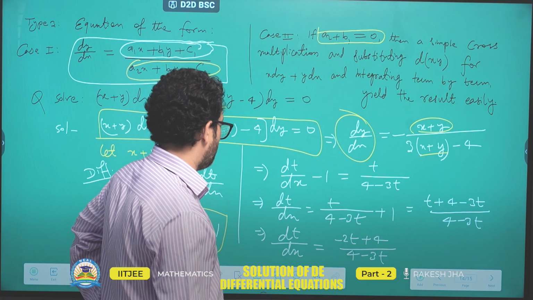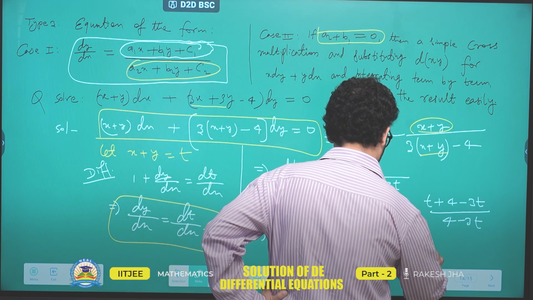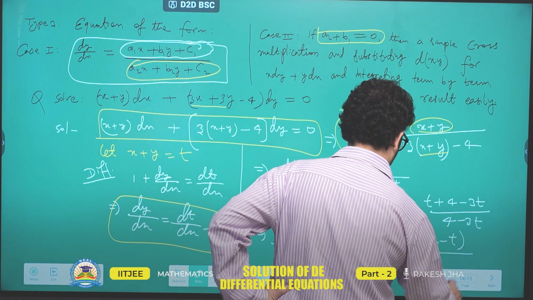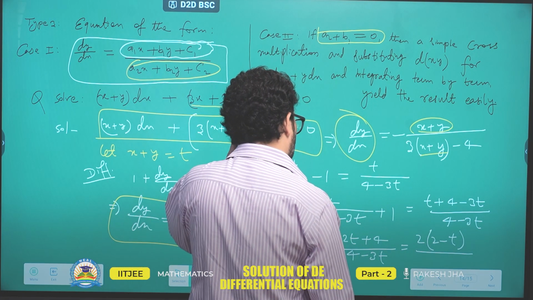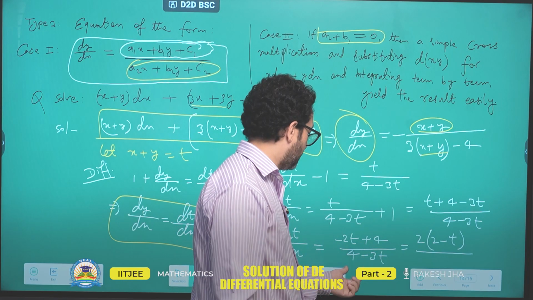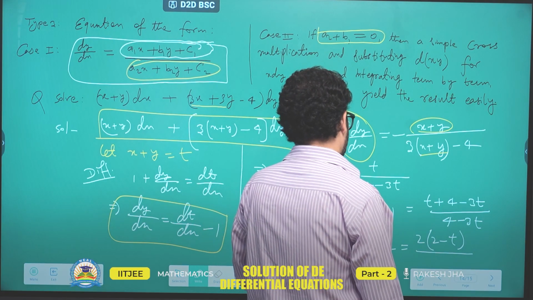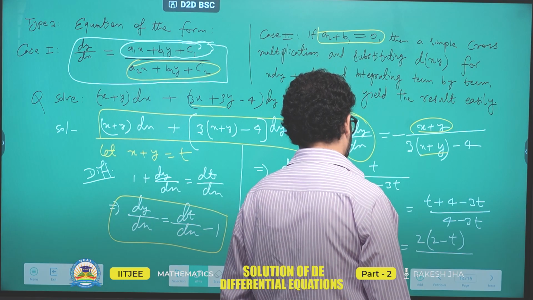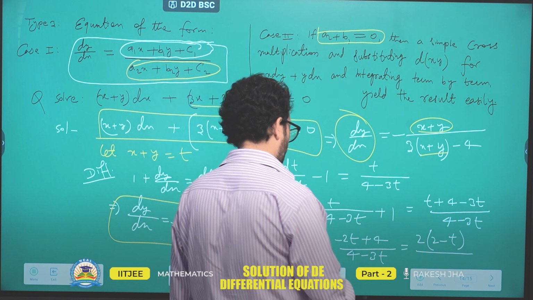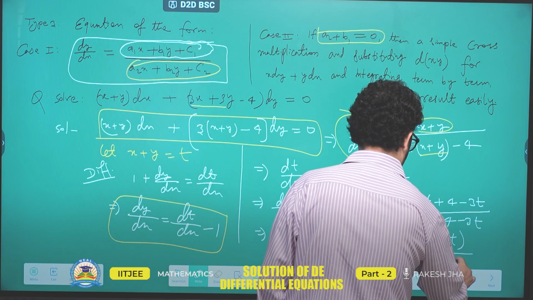We can also write this way if you take 2 common. So we can write here 2 is taken common, so it will be 2 minus t, and here, because I have taken minus common from both numerator and denominator, 2 minus t upon 4 minus 3t.